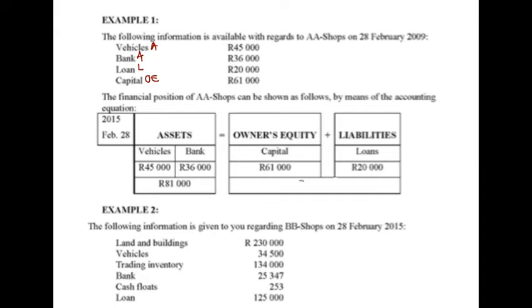So if I add the right hand side together, in other words the owner's equity plus liabilities, I see that my total right hand side is also 81,000. So therefore 81,000 on the left hand side plus 81,000 on the right hand side tells me that my equation is in balance. In other words, the two sides are equal in size and money value.